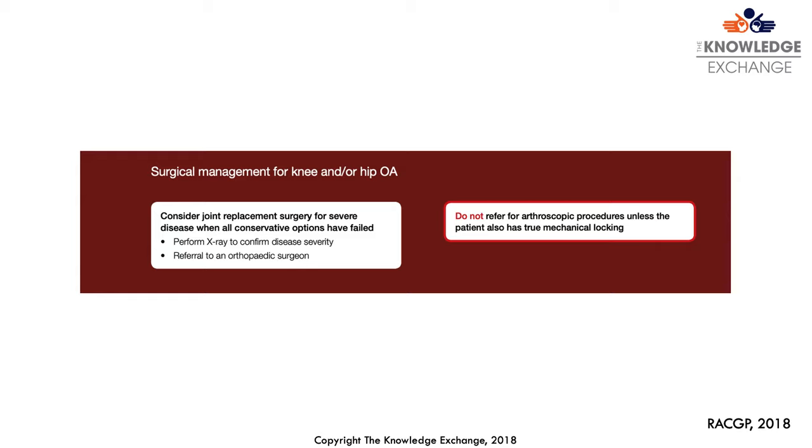Perform X-ray to confirm disease severity, and refer to an orthopedic surgeon. Do not refer for arthroscopic procedures unless the patient also has a true meniscal locking. We will discuss these guidelines more within the 2-day face-to-face component of the course.